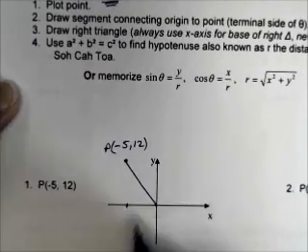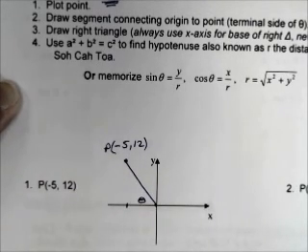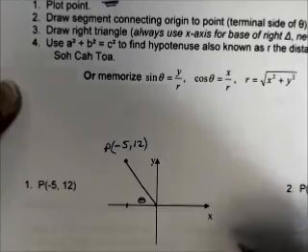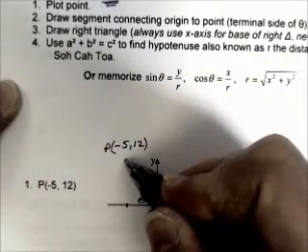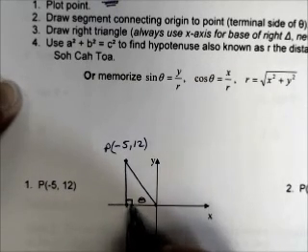Mark this theta. Now theta is going to be with the negative portion of our x-axis. Now draw a right triangle. Always go to the x-axis. So from the point, I'll drop a perpendicular down. And here I have the right triangle formed.